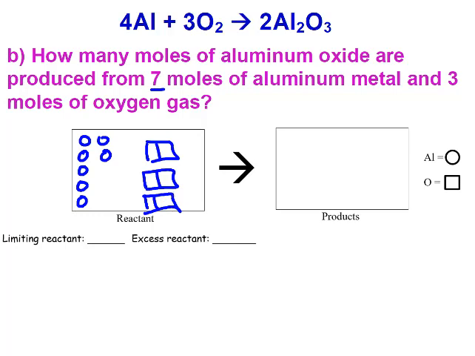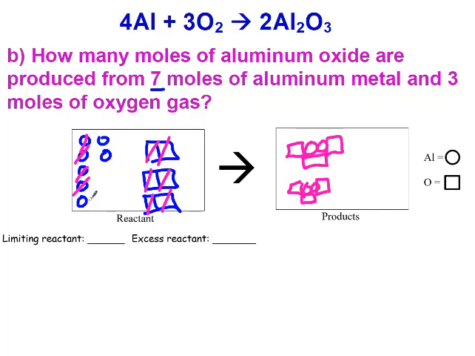Go ahead and pause the video and now figure out your product box. Restart when you've done your product box. So you should have used 2 circles and 3 squares. Two circles and 3 squares.